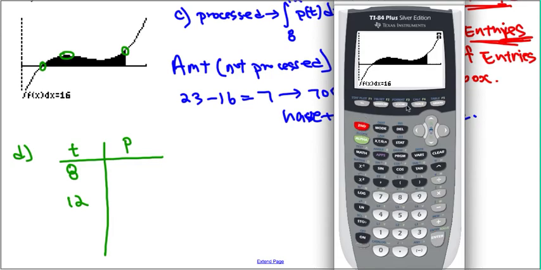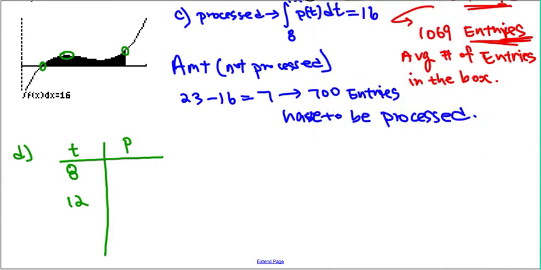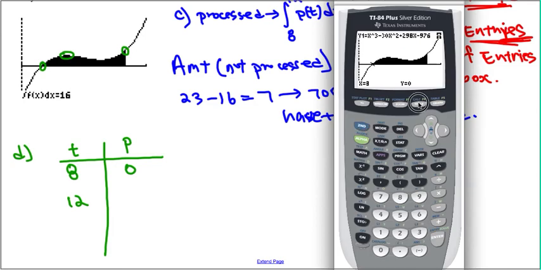Second, calculate the value: when x equals 8, what do we get? It was equal to 0, which was rather simple. How about when x equals 12? It was equal to 8.